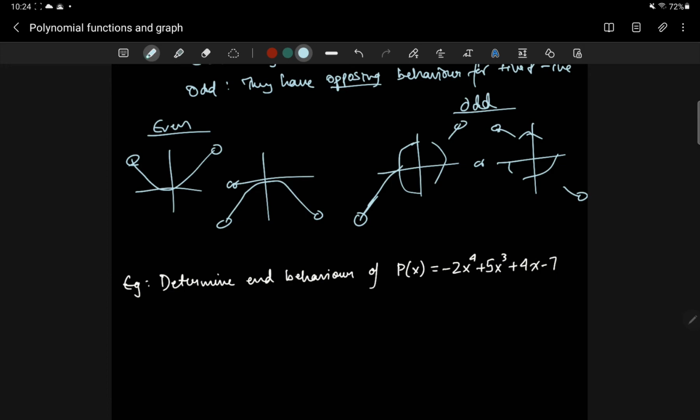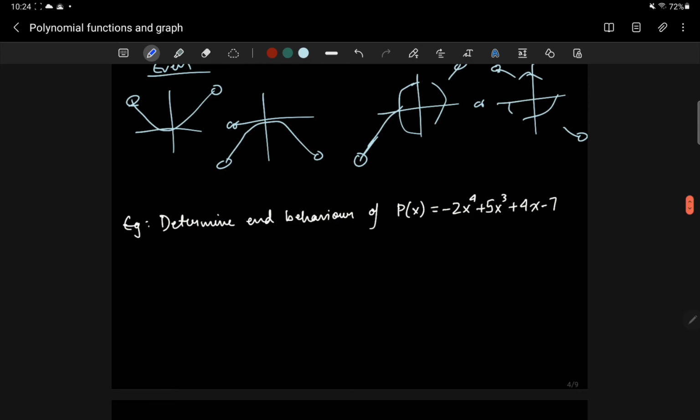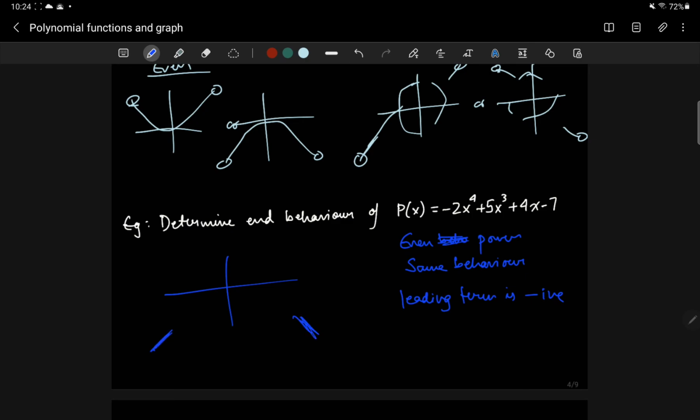Let's look at an example and see how to use that result. So first of all, this is an even power, which means it's going to be the same behavior on both sides, and the leading term is negative, which means it's all going to go down over here.